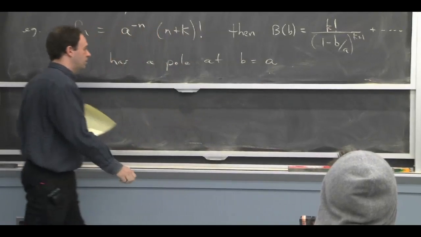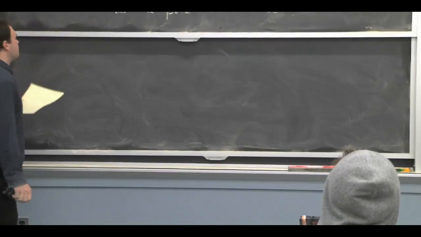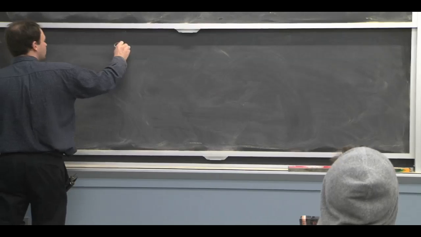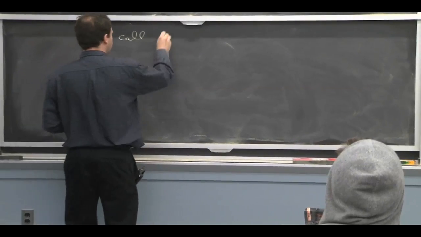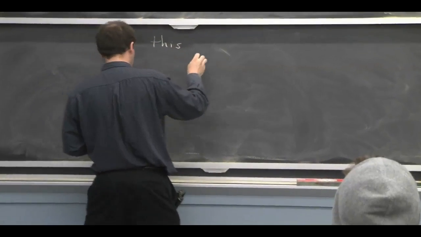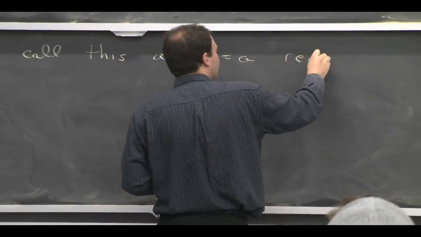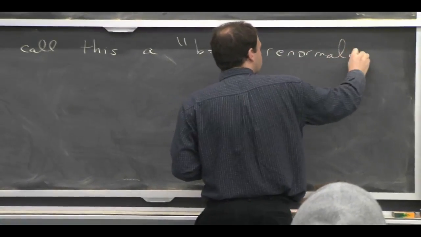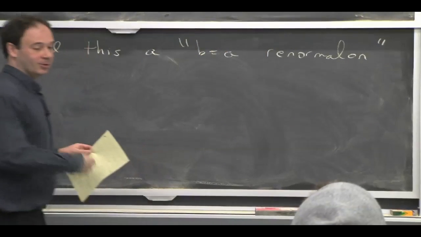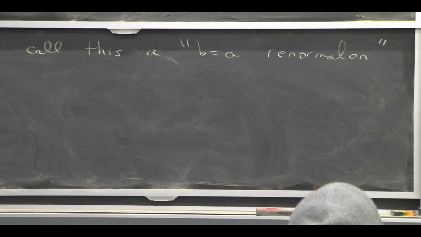And it has a pole at b equals a. And what you say is you call this pole a renormalon. This is the renormalon. You call it a b equals a renormalon. So you're characterizing the renormalon by where that pole is.